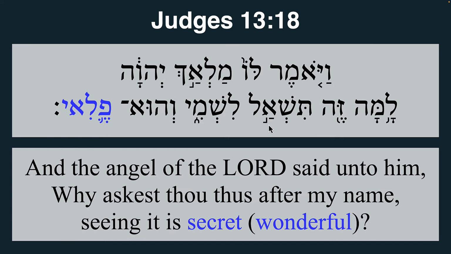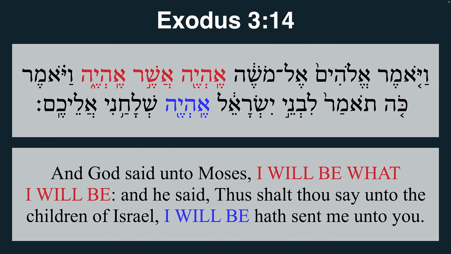Lama ze tish al lishmi vehu peli. Why are you asking my name? Because it is wonderful or secret. Peli could mean it's hidden, or it could mean it's wonderful. And wonderful in the sense of incomprehensible, mind-boggling. So that means you can't understand. Right? Can we get an example of that? We'll see an example shortly.